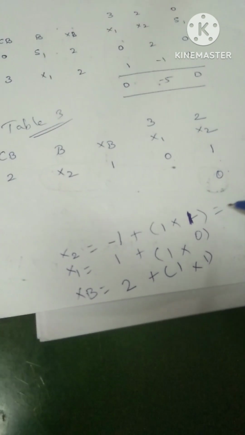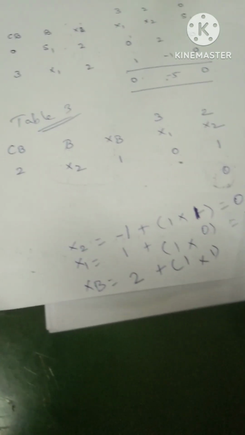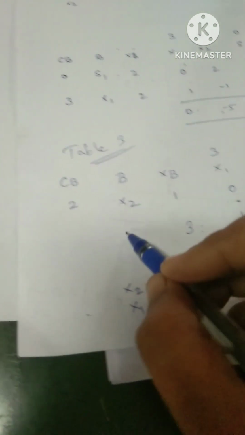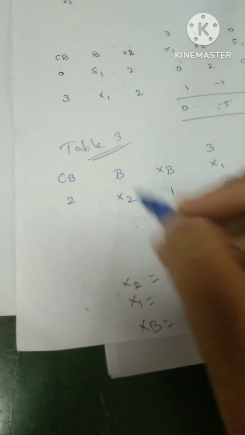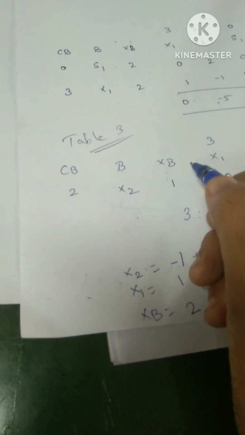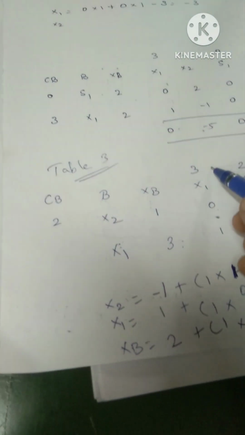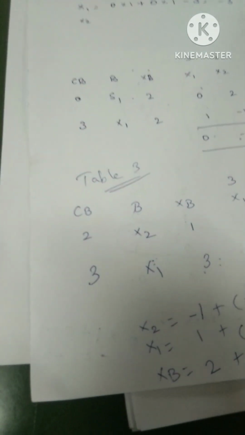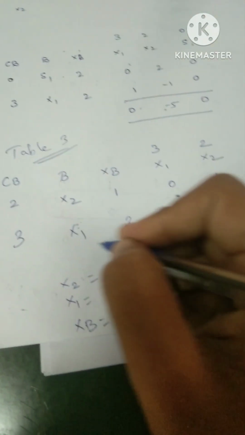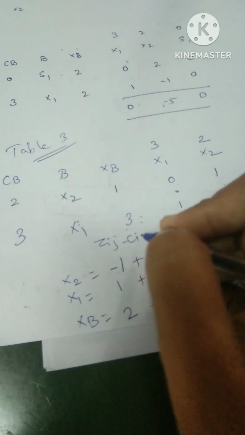Accordingly we are receiving 0, here it is 1, here it is 3. So 0, 1, 3, just as I applied. So what's the withdraw value here? The withdraw element will be x1, and the value for x1 in the objective function is 3. As usual, the next step is to find Zij minus Cij.